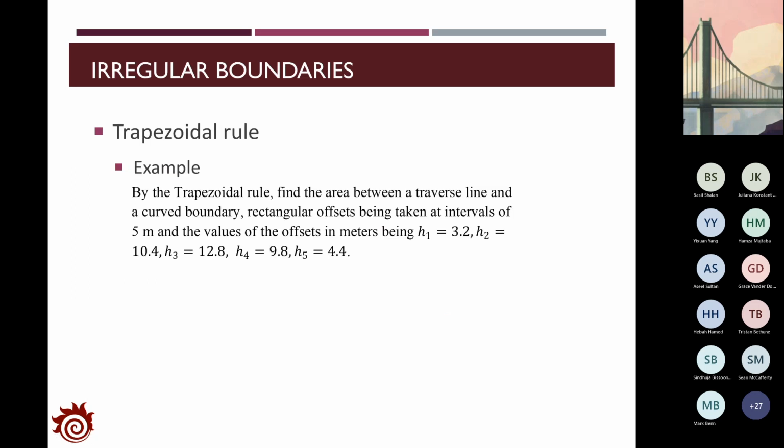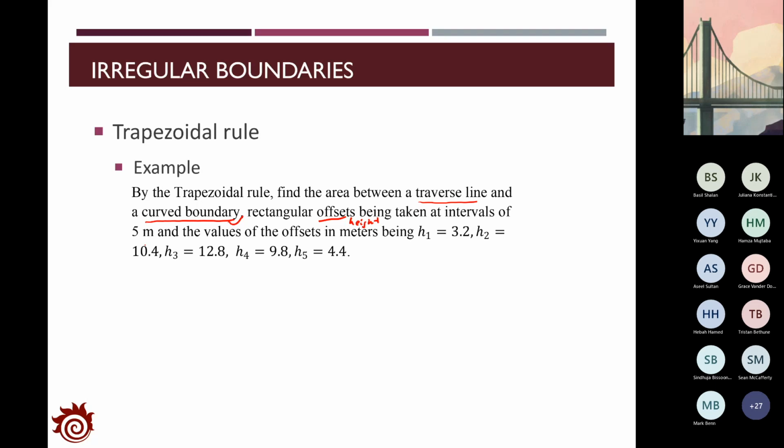Let's see one example of how to calculate the area with the trapezoidal rule. In this example, we assume there is an irregular boundary, which is actually a curved boundary. We want to find the area between the traverse line and the curved boundary. We also measure the rectangular offsets, which are the heights at the intervals.